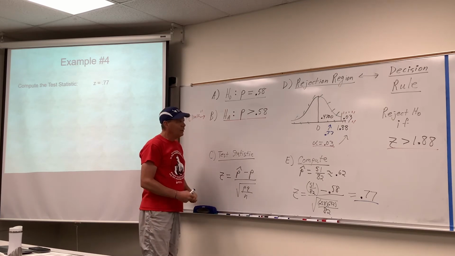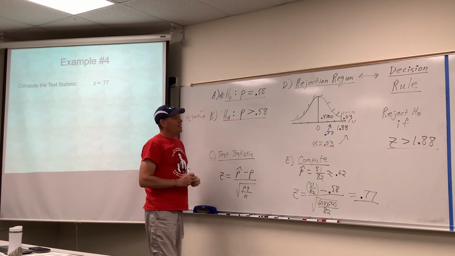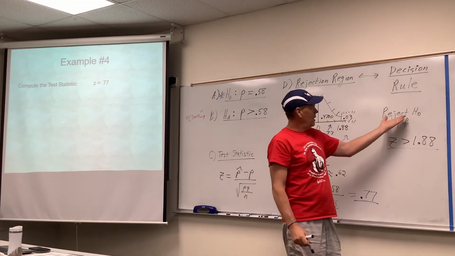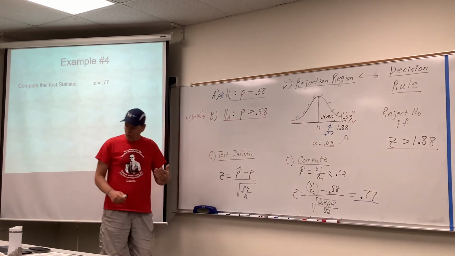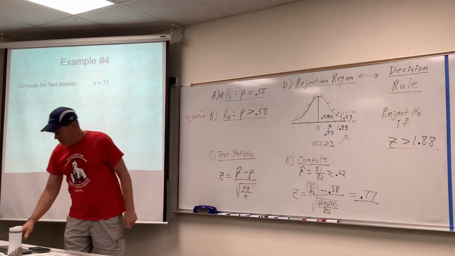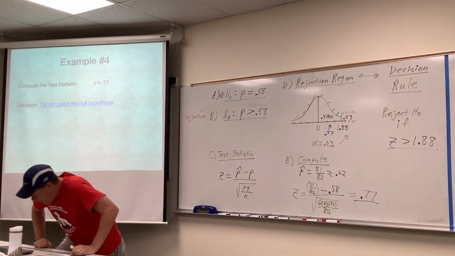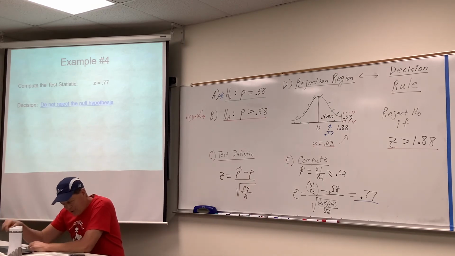So there again, who won the court case? The null hypothesis. Did we get a z-score beyond 1.88? We did not. So we're not going to reject the null. The null won. Okay? So the null hypothesis won the court case, so to speak. And so we will not reject that null hypothesis. And, okay, now it's really important.